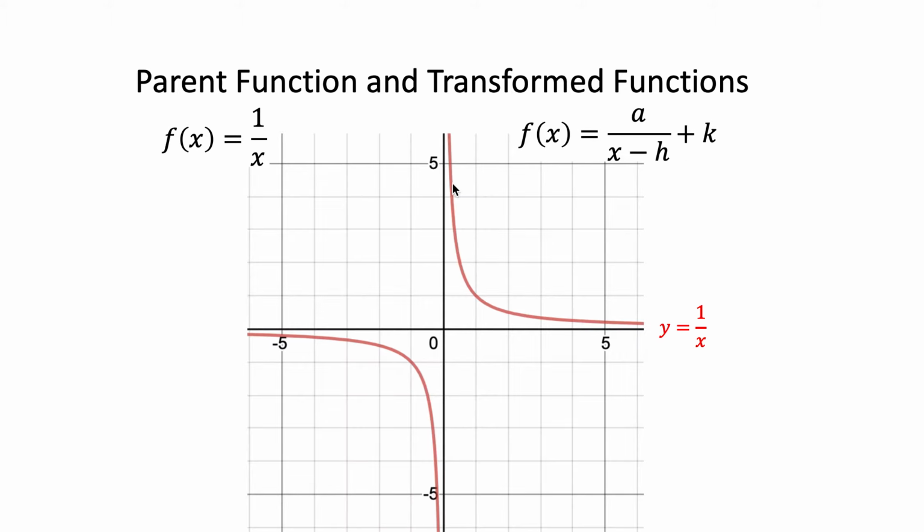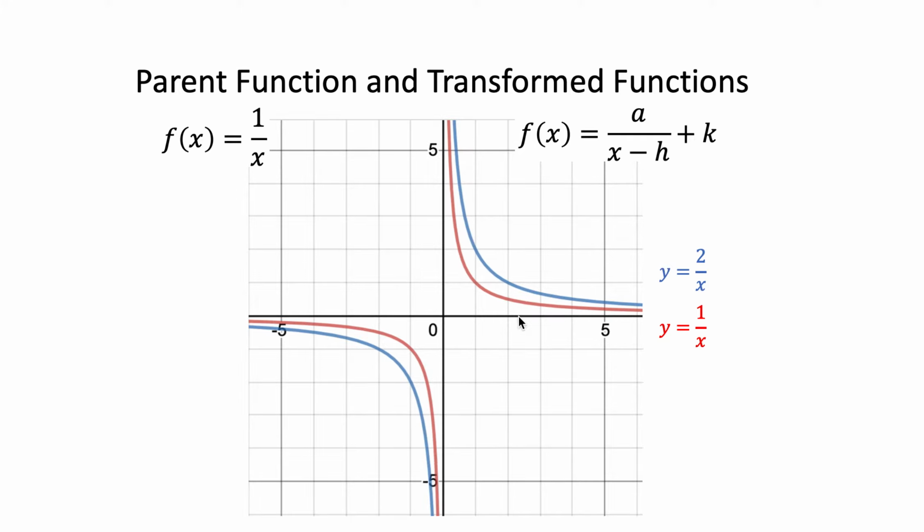So here's our original parent function, our starting function, y equals 1 on x, with the horizontal and vertical asymptotes, going through (1, 1) and (-1, -1). Y equals 2 on x has the same asymptotes.